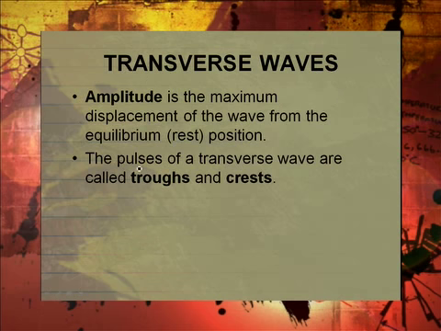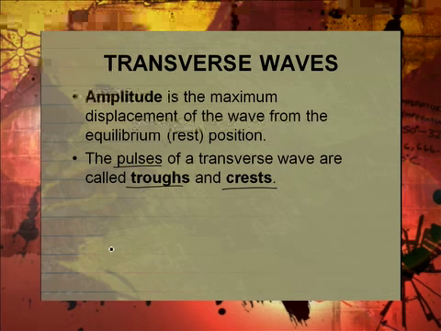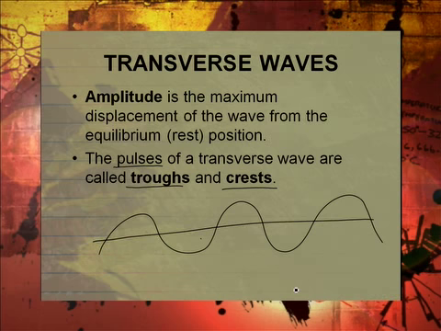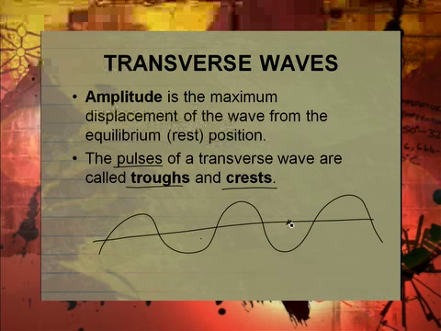Now the pulses, which are the disturbances of a transverse wave, are called troughs and crests. I tried to draw a wave there, wave motion, transverse wave. If this is the rest position, that's the amplitude. Of course, they should be equal.